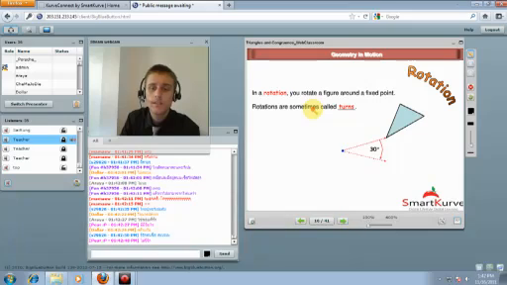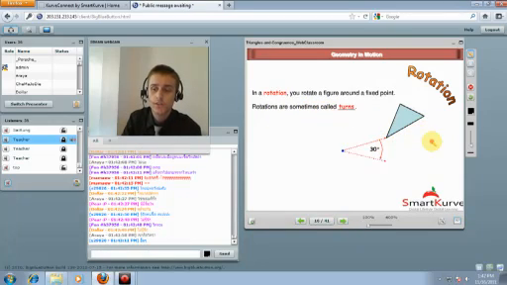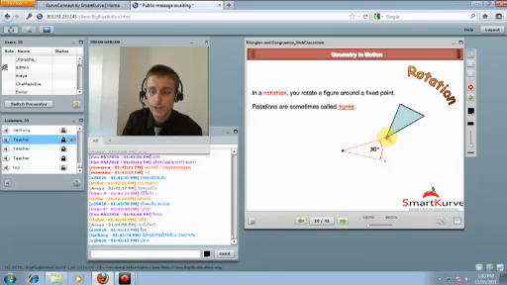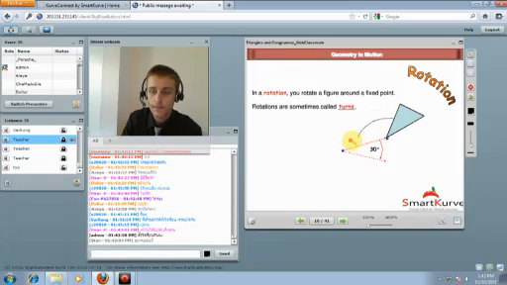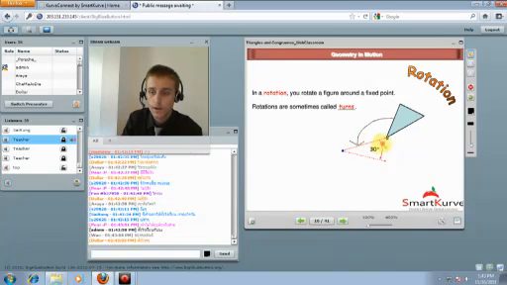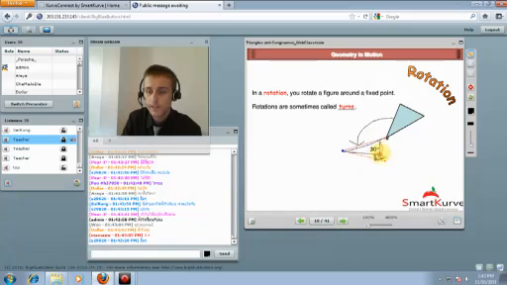In a rotation, you rotate a figure around a fixed point. Rotations are sometimes called turns. So if this is your figure and this is your fixed point, you would just rotate the figure. Right here we have this being the fixed point, and you are just rotating it this way, 30 degrees.